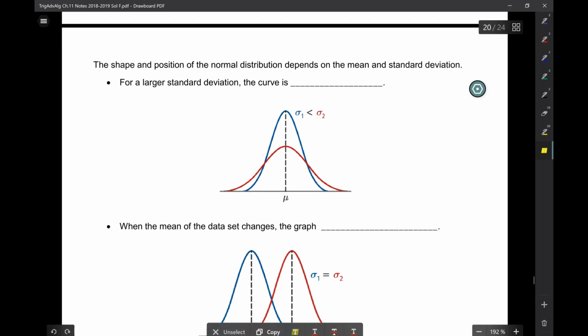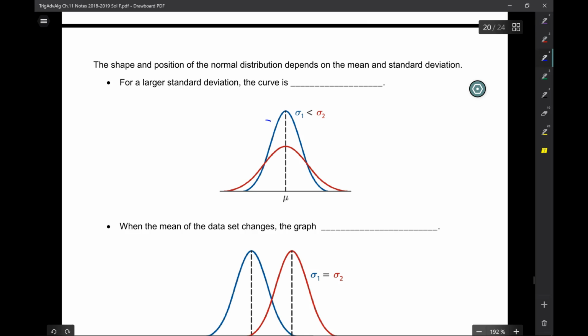The shape and position of the normal distribution depends on the mean and standard deviation. Take a look at this one. Both the red and the blue are normal distributions.